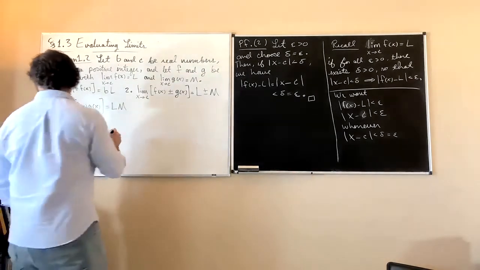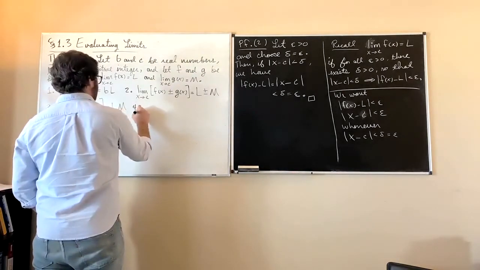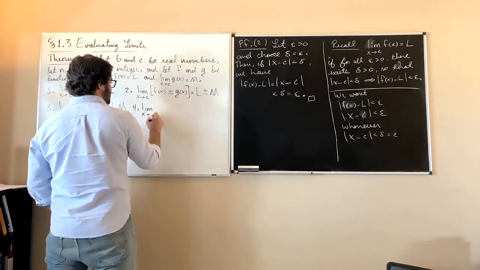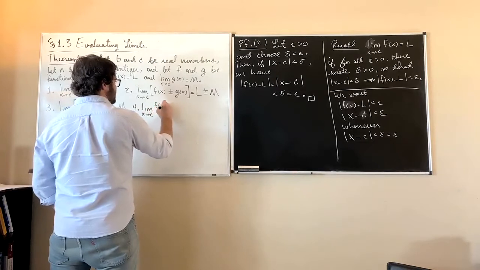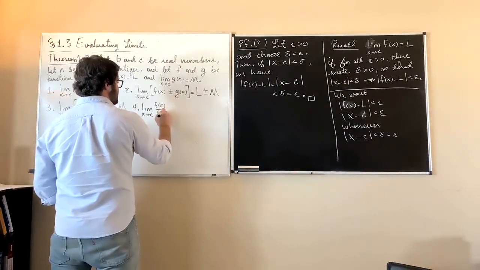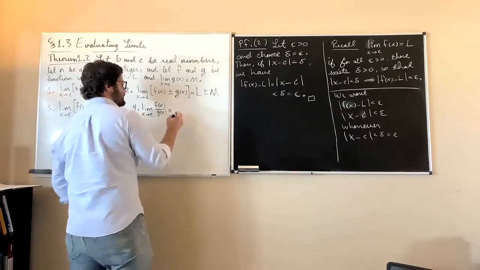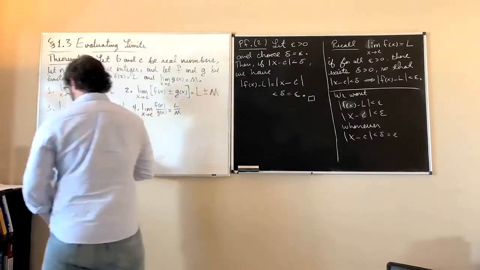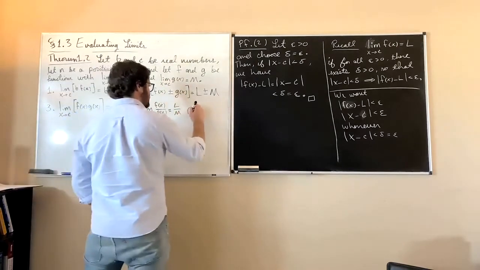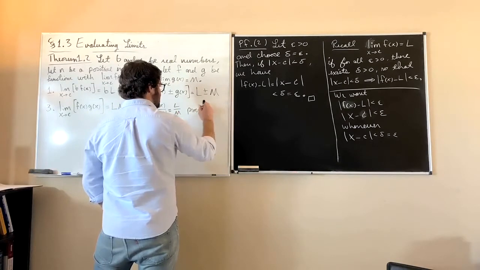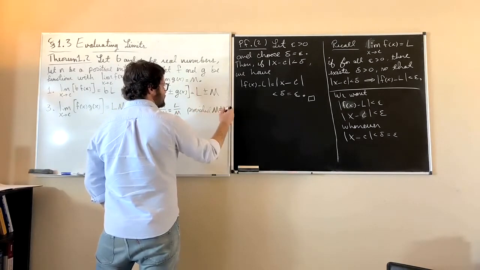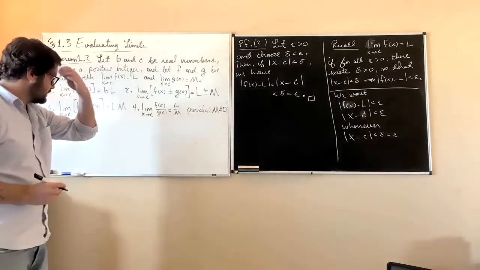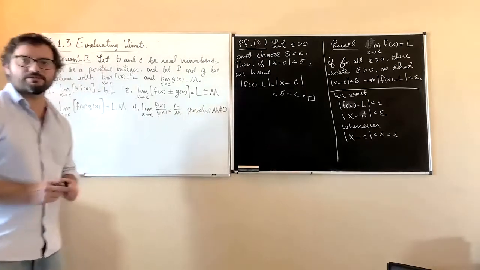Part four, the limit as x approaches c of f of x over g of x is equal to L over m, provided m is not equal to 0. So when you have a ratio of functions, you can just take the ratio of the limits provided the denominator is not 0.